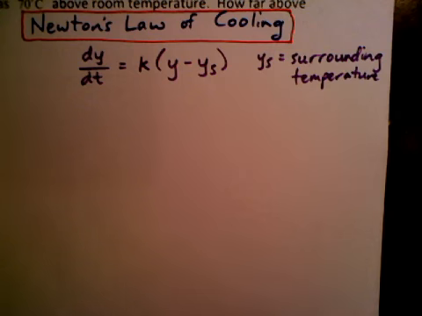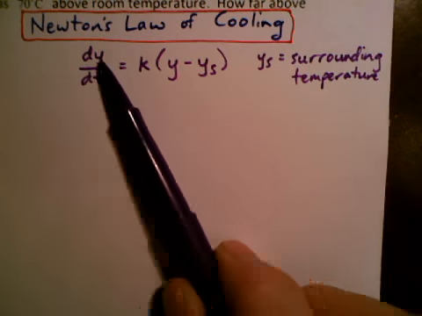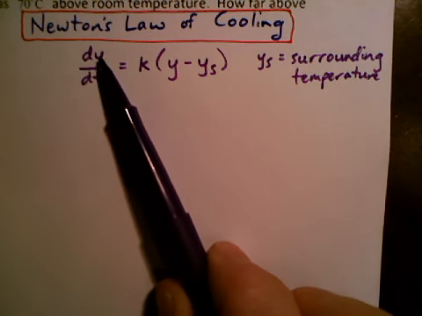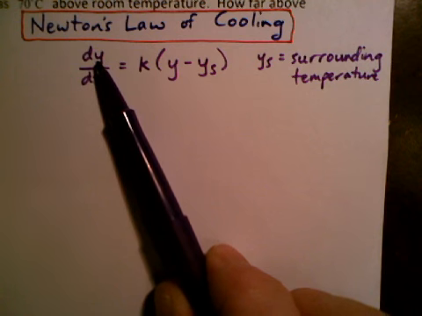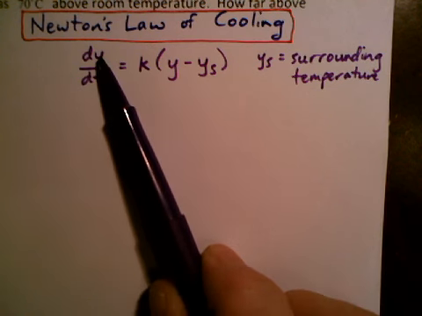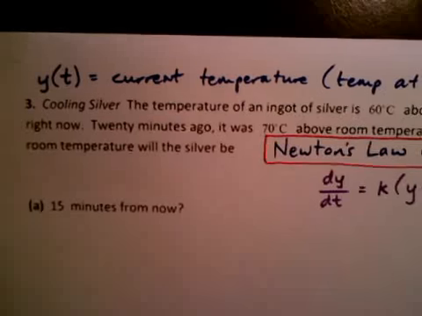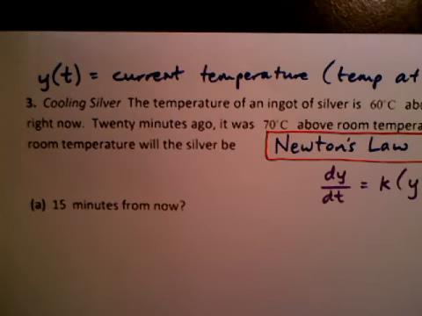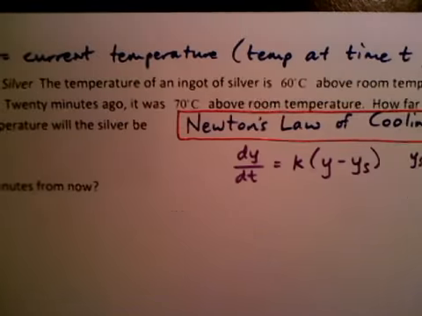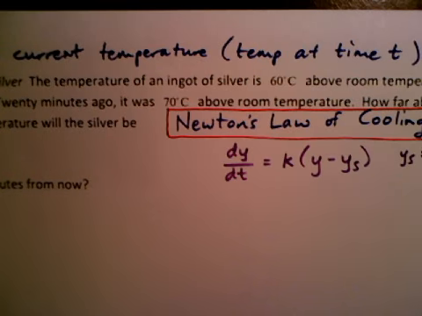So what does that mean? Well, that just means that the rate at which y changes with respect to t, dy/dt, and y, again, is up here. y of t is the current temperature, or you could think of it as the temperature at time t. So the temperature right now is 60 degrees Celsius above room temperature, and so forth.